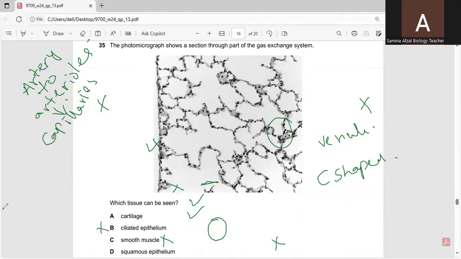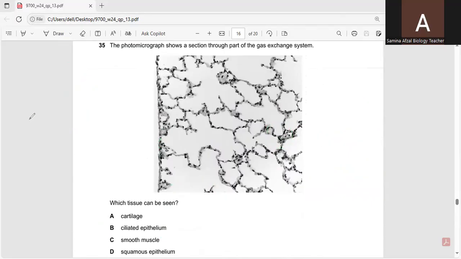And you know the gas exchange system, where oxygen, which is in higher concentration inside the alveolus, will move into the blood capillary, where the carbon dioxide is in higher concentration, which will move into the alveolus, and through the alveolus it will go out of the body. That is, we will exhale it. So exchange of gases takes place by the process of diffusion.